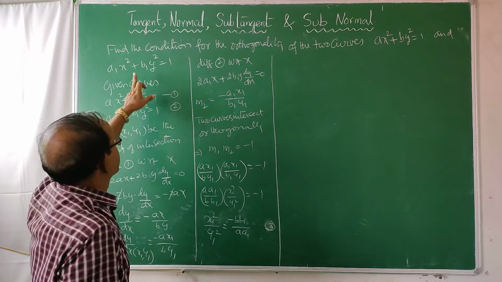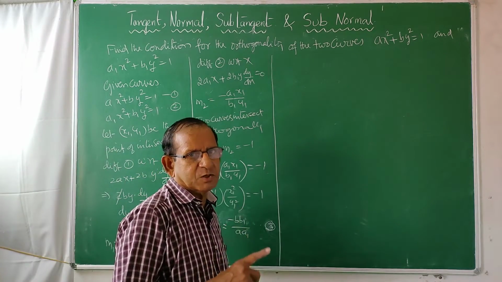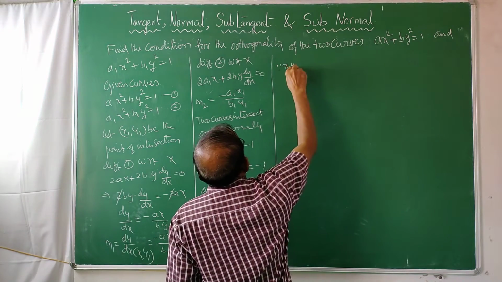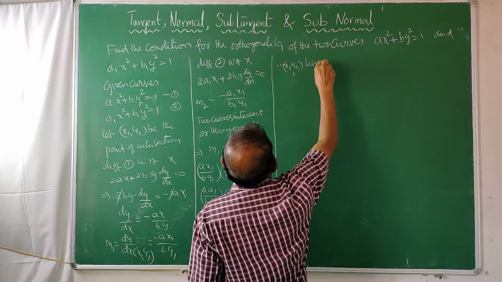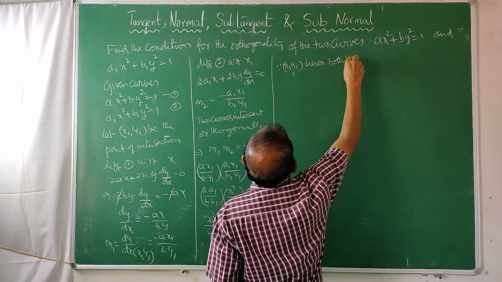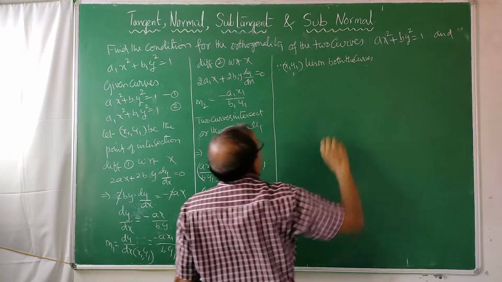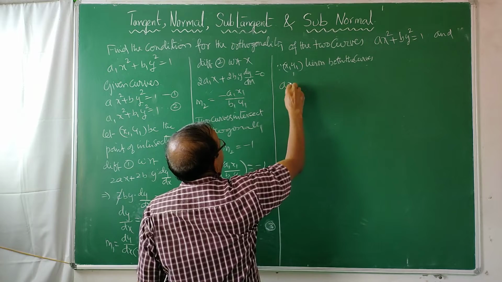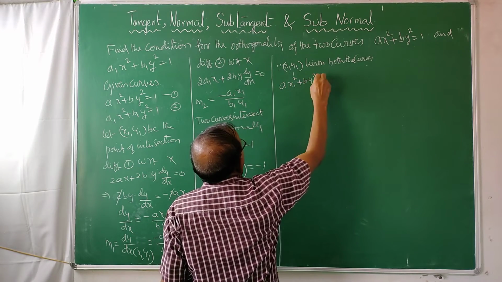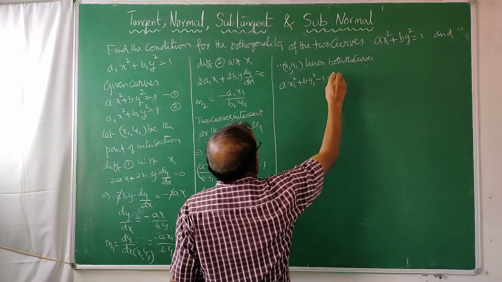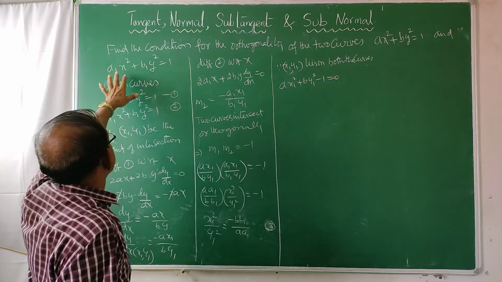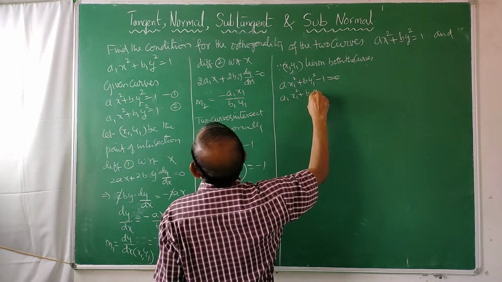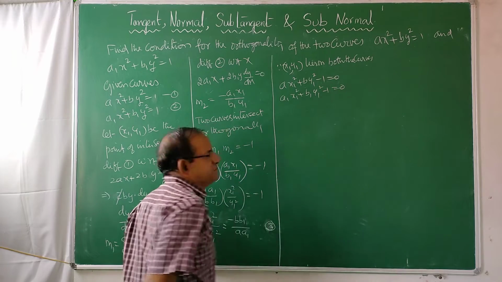Now because x1 y1 is a point of intersection of the two curves, it must be a point on both the curves. Since x1 y1 lies on both the curves, you can substitute x1 y1 for both the curves, that is a x1 square plus b y1 square minus 1 is equal to 0, and in this one also you can substitute x1 y1, a1 x1 square plus b1 y1 square minus 1 is equal to 0.